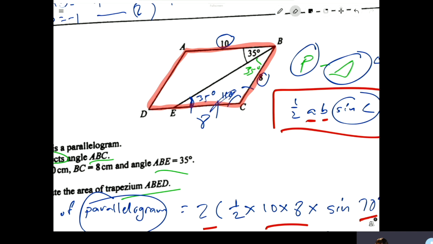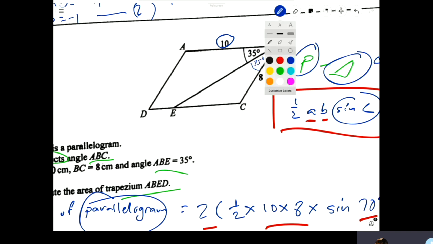I'm gonna erase all this first. So we start out like that, right? So we know this is 35, correct? Yeah, because they say bisect. And remember the letter Z? Yeah, this is Z, correct?